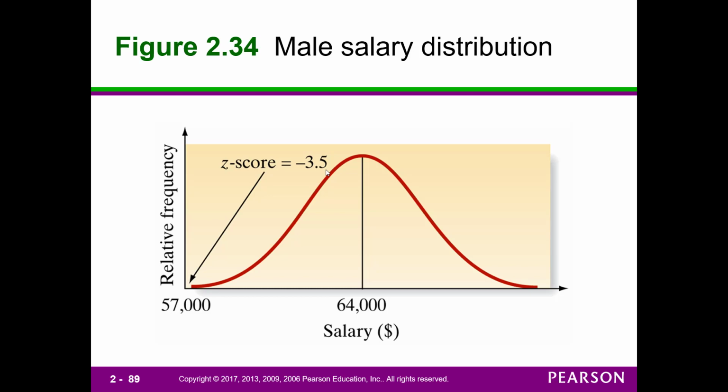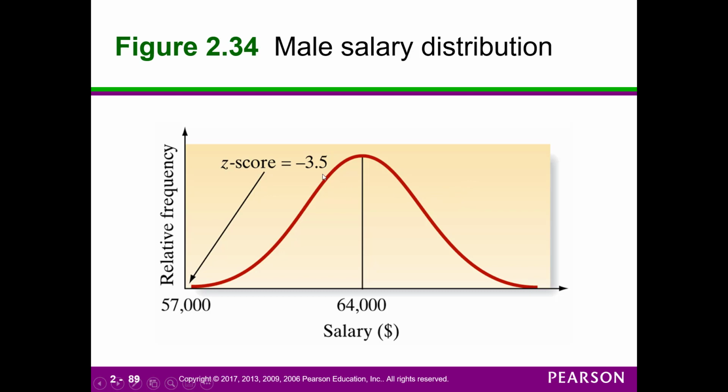Furthermore, if a check of the male salary data shows that the frequency distribution is mound-shaped, we can infer that very few salaries in this distribution should have a z-score less than minus 3, as shown in figure 2.34.